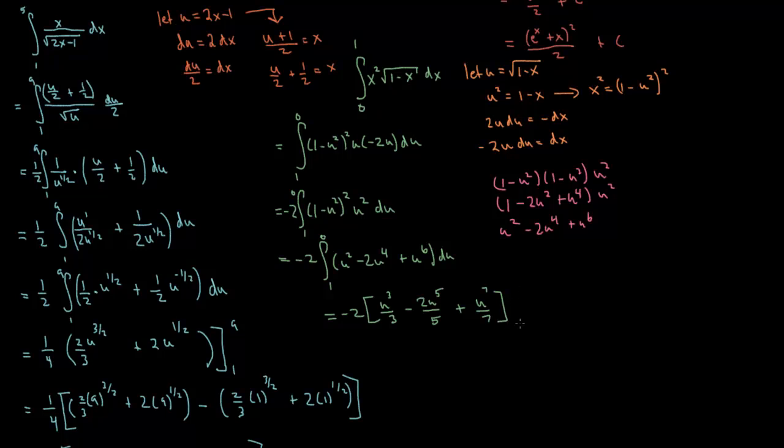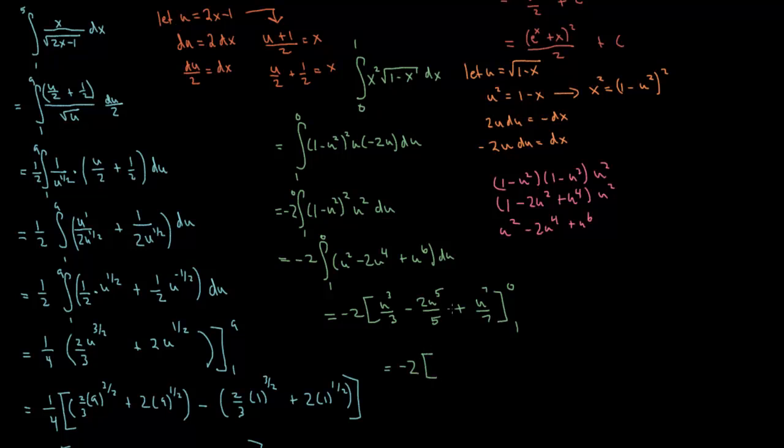Now we simply need to apply the fundamental theorem of calculus. Now don't think that we need to, for some reason, do capital F at 1 minus capital F at 0. The fundamental theorem of calculus says do capital F at your upper endpoint minus capital F at your lower endpoint. So they're switched, so it looks funny, but just follow the rules and you'll be fine.